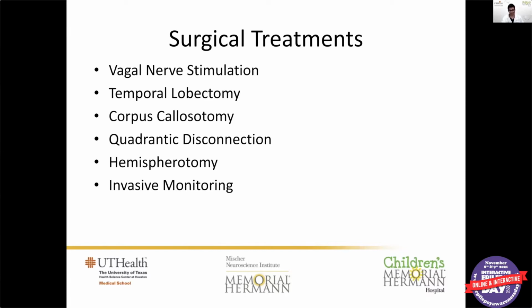And those two bits of invasive monitoring can help us really hone in on a target for surgery, to then be able to do what's called a focal resection, or take out a very small part of the brain, either through open surgery or through laser ablation, or if we can't do laser ablation, potentially stimulate that part of the brain, because maybe it's eloquent or deep, and see if the stimulation can help reduce the seizure burden.